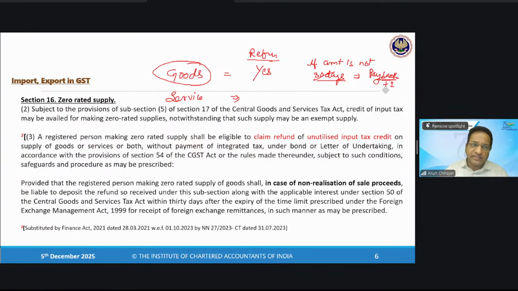Now tell me one thing, sir. Why is this proviso for goods? Why not for services? Are they not very strict for the services? Do they like to promote the services? I'm asking the question, why is the proviso for goods, not for services?